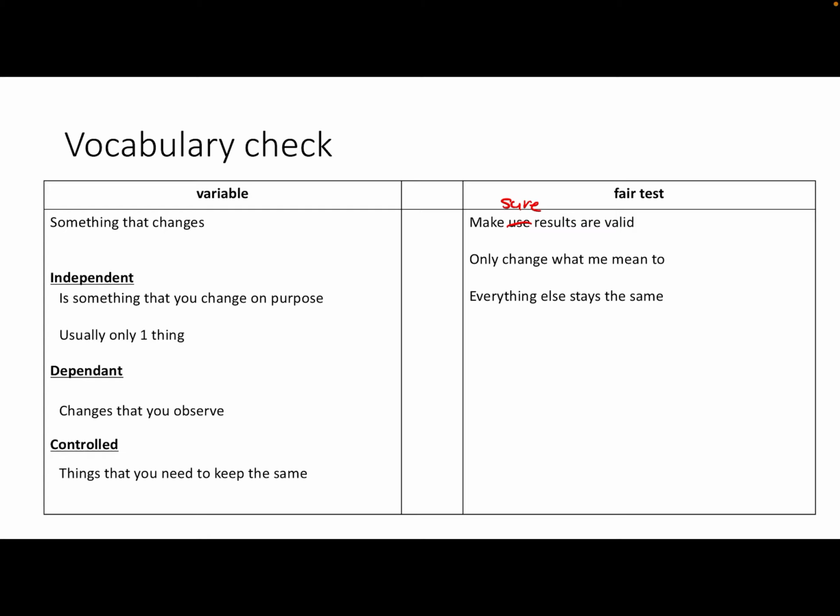So if we have a think about some investigations that we might conduct, you might want to see which breed of dog eats the most food. You might conduct an experiment and you have different dogs, some food, you're going to see how much they eat.